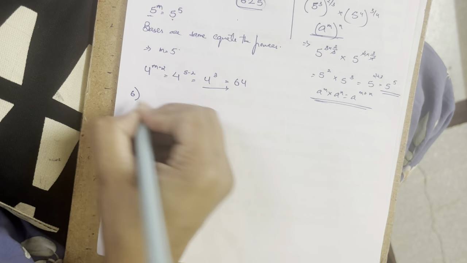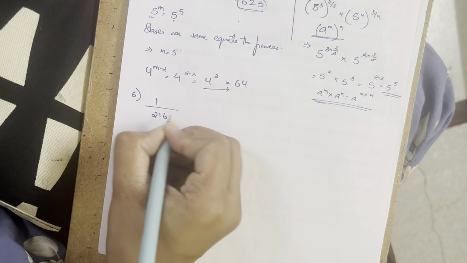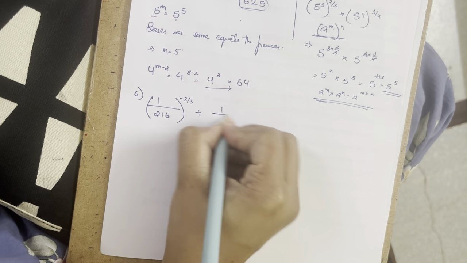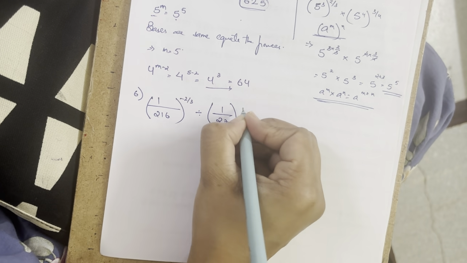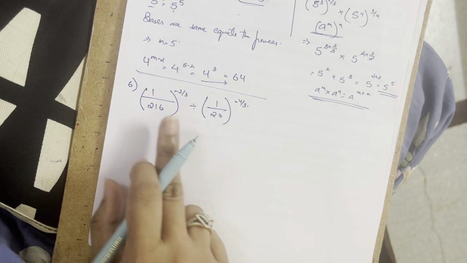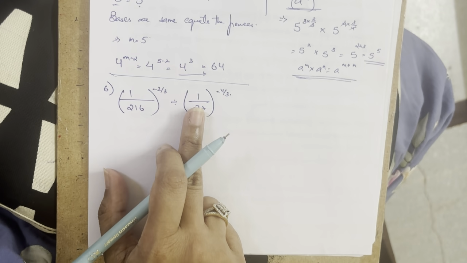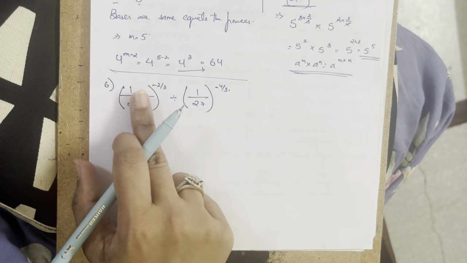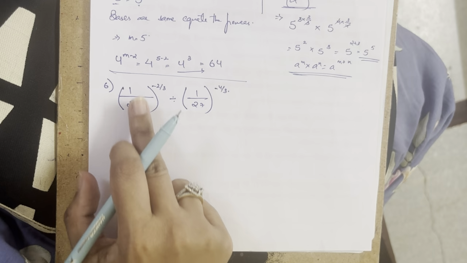Moving ahead with the sixth question, it is given by 1 by 216 whole to the power of minus 2 by 3, divided by 1 by 27 whole to the power of minus 4 by 3. Now what do we see in here? The first thing we see is that these have negative indices, and whenever there are negative indices, what is the next thing you're supposed to do? You are supposed to change the positions of them.